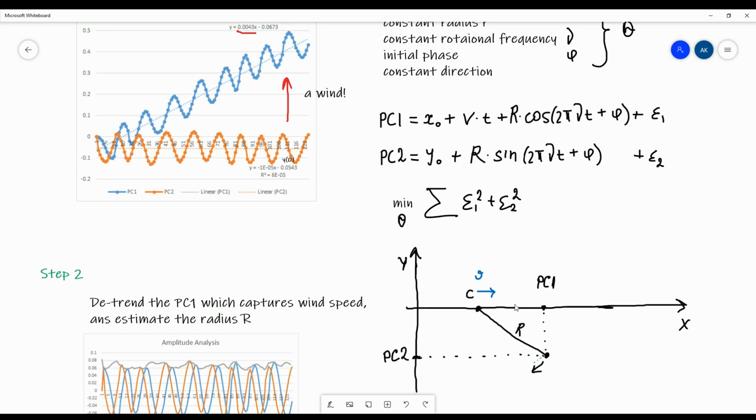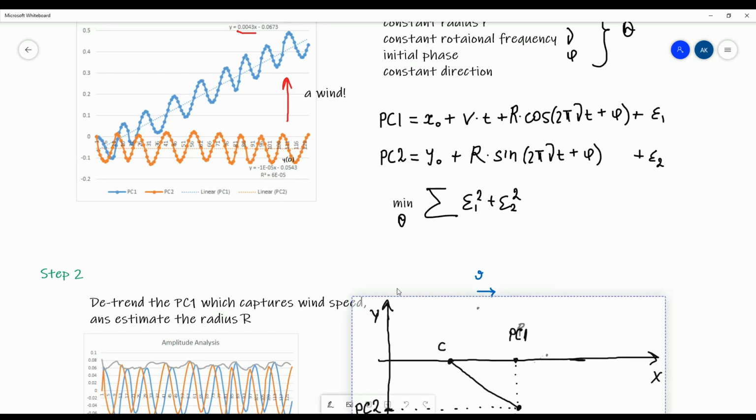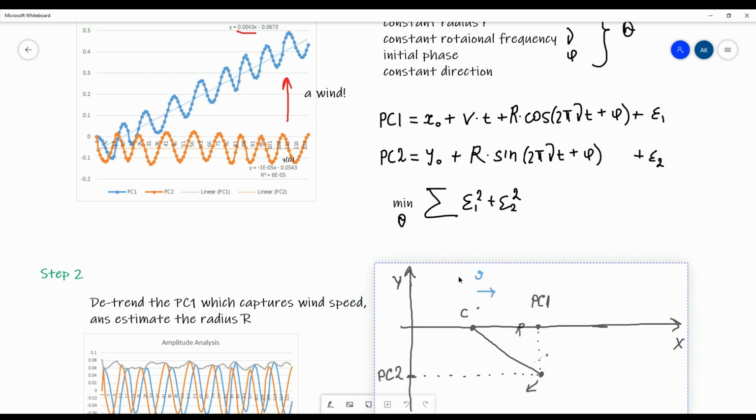So the center is moving at constant speed v to the right, and then the paraglider is circling around the center clockwise at the radius r, at some frequency, right? Frequency and radius. So while the center is moving, you get this spiral-like movement. So the principal component 1 is the equation I wrote for this type of mechanical movement.